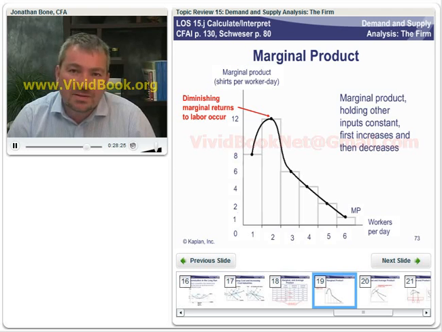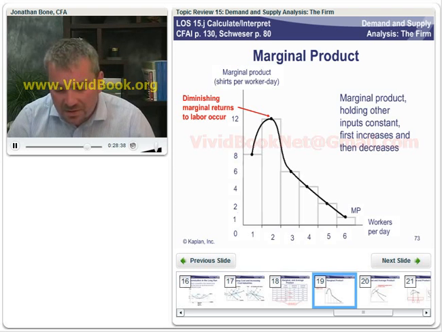Now, of course, typically when you employ labour beyond a certain level, you'll start to see diminishing marginal returns. Diminishing marginal returns simply mean as we employ more workers, whilst marginal product is positive, the marginal product starts to decrease.